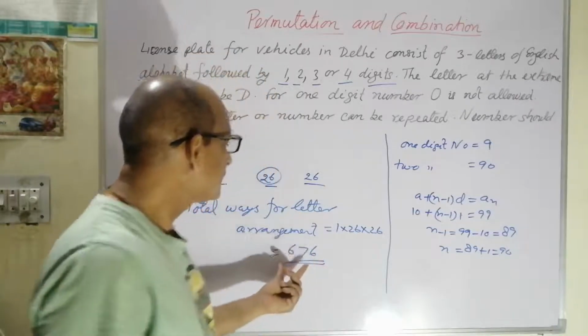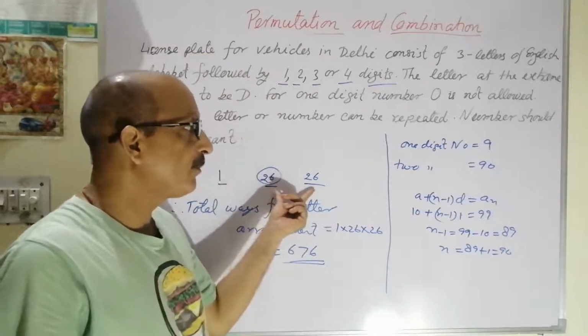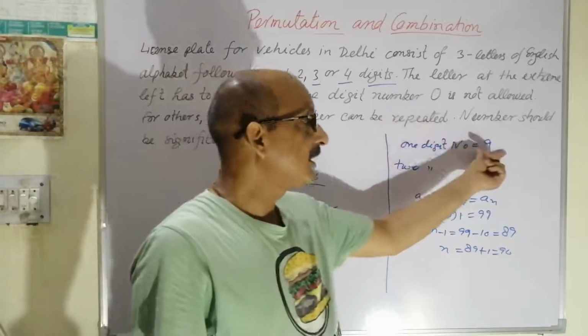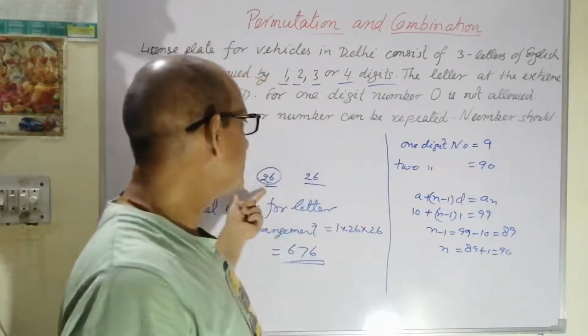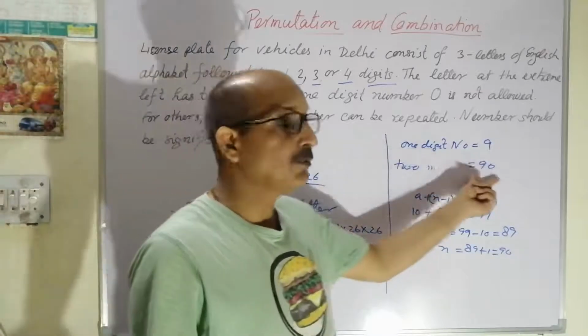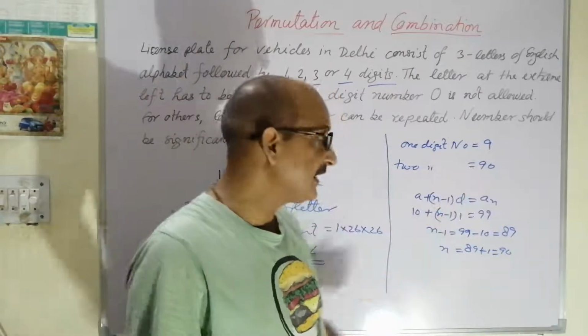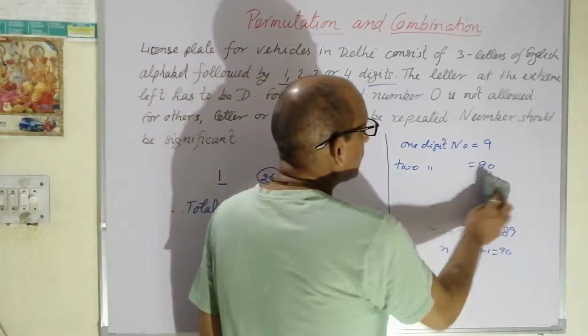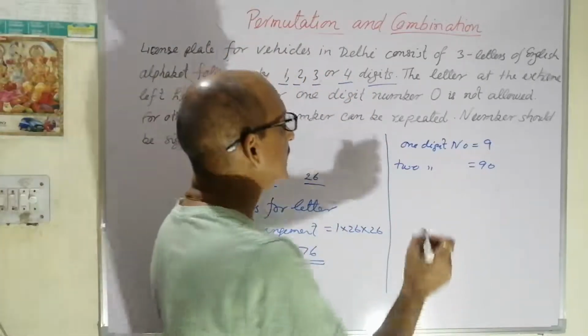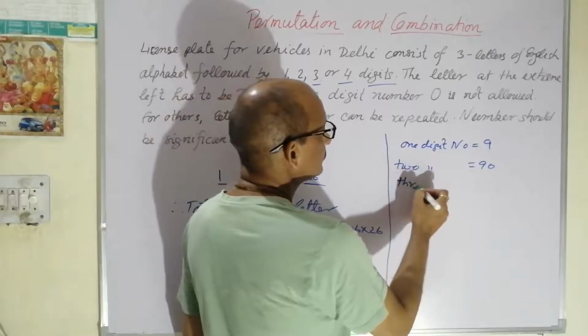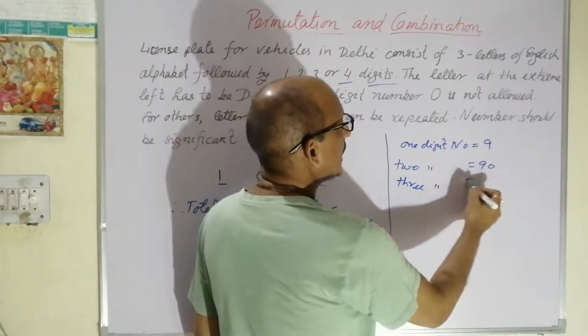Means that three letters can be followed by 9 one digit numbers, plates can be created, or these three letters can be followed by 90 two digit numbers, plates can be created. Also we can get three digit numbers following letters. It can be 900.